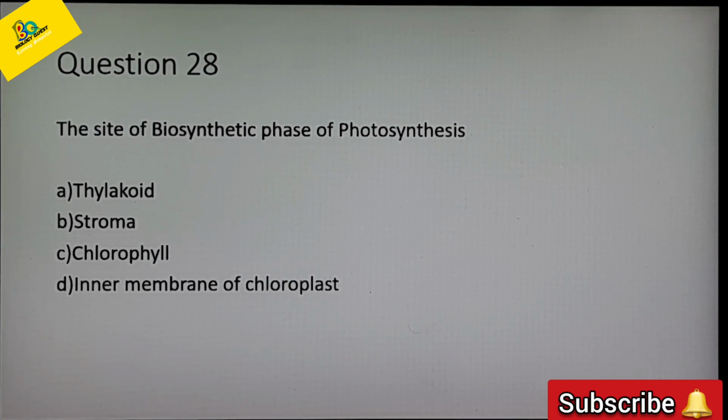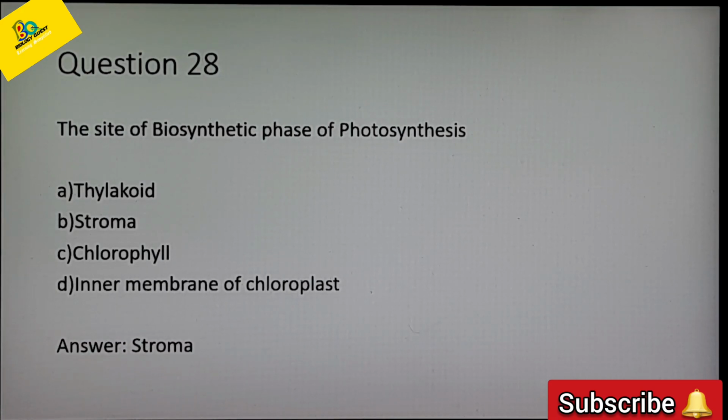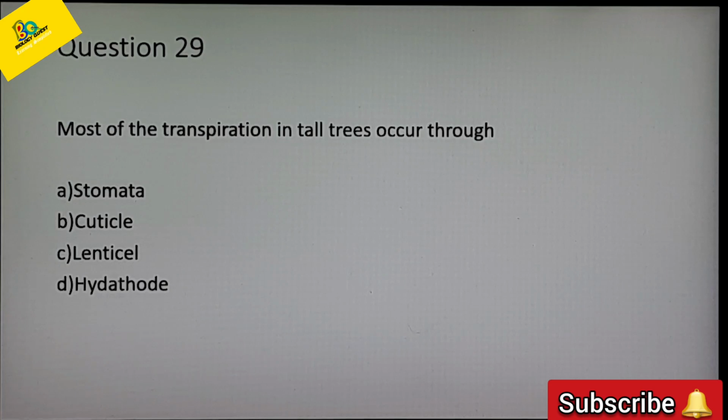Have you guessed the answer? Option B, stroma. Stroma is the site of dark reaction or biosynthetic phase of photosynthesis, whereas the light reaction occurs in the thylakoids.